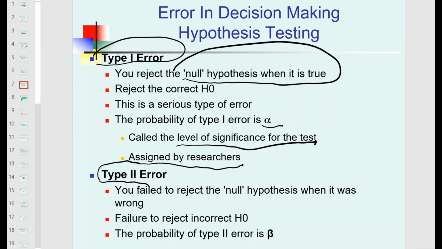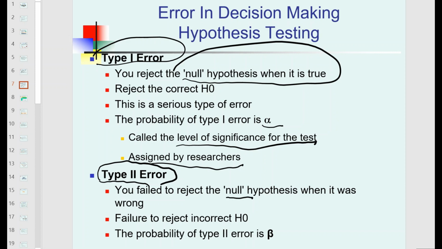So the next one: what is a type 2 error? A type 2 error happens when you fail to reject the null hypothesis when it is wrong. For example, the H null that we are referring to in this video says that the average diameter of the screw is 30 mm, right? Suppose this null hypothesis is not correct.